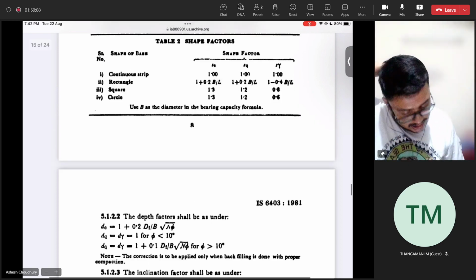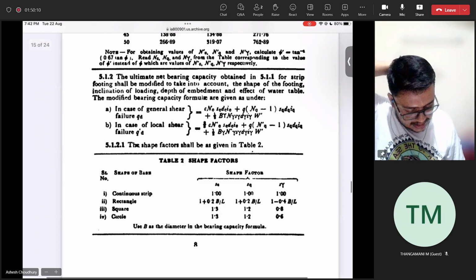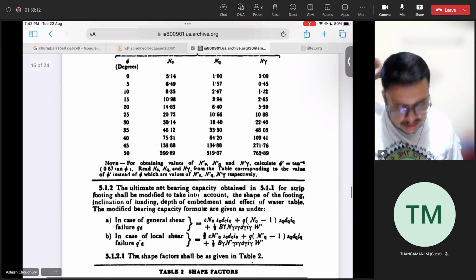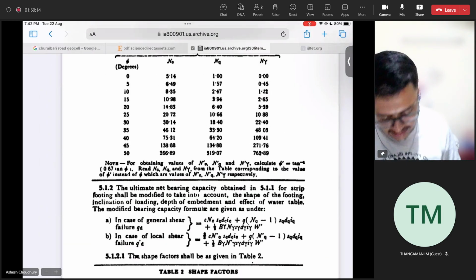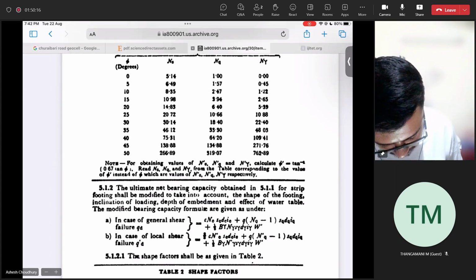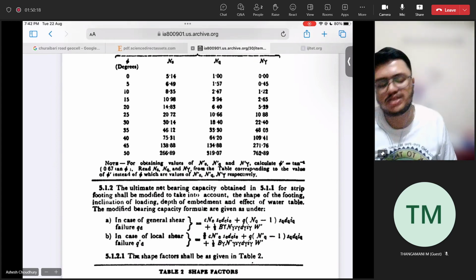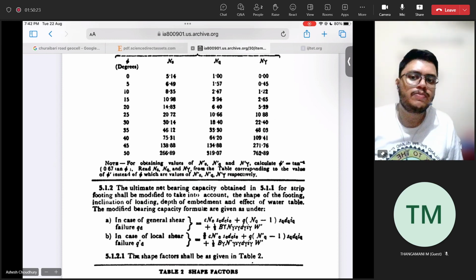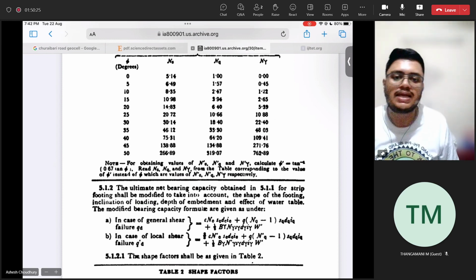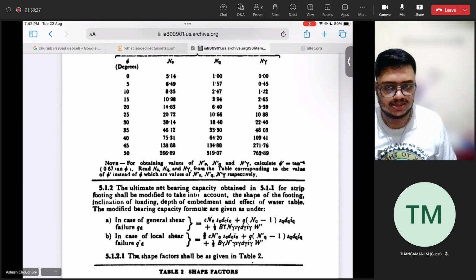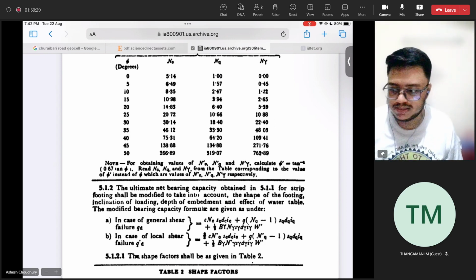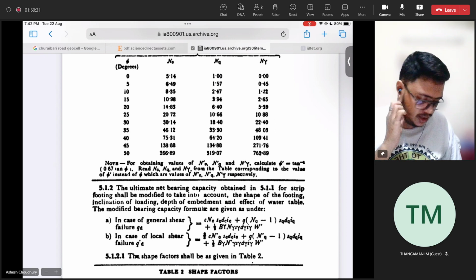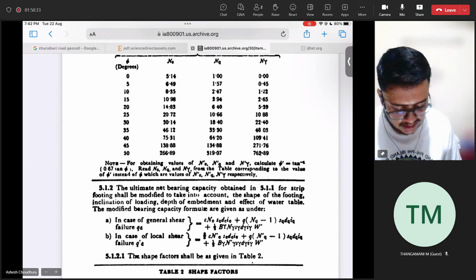For our soil, phi is 36 degree, but here we have 35, then directly 40. So we linearly interpolate between 35 and 40 to get Nc, Nq and N gamma for 36 degrees. I have already done the linear interpolation and I will just keep the results for you.